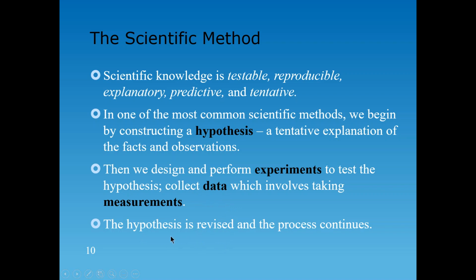So what we need to do is to basically revise the hypothesis, or we ditch the hypothesis and come up with a new one, which will fit the data. And we continue that refinement process where we test the new hypothesis, get the data, see if the data lines up with the new hypothesis, change the hypothesis, or ditch it and come up with a new one, and we repeat that process over and over again.